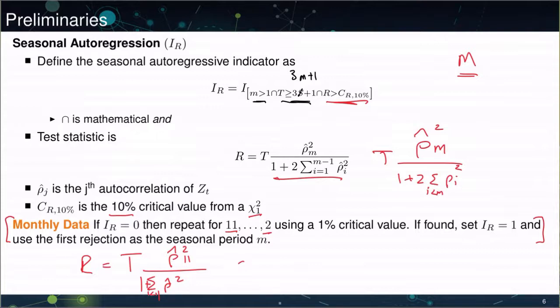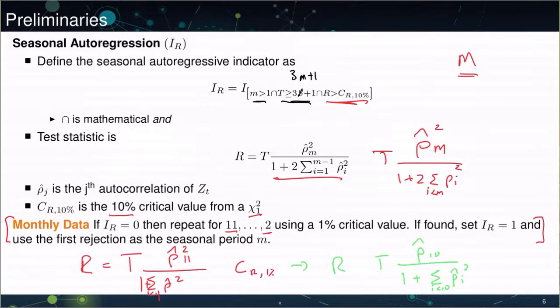And for example, if you didn't find any evidence there, you would then proceed to do this again, where you define your test statistic, R, to be T times rho hat 10 squared divided by 1 plus the sum over i less than 10 of rho hat i squared, and so on.